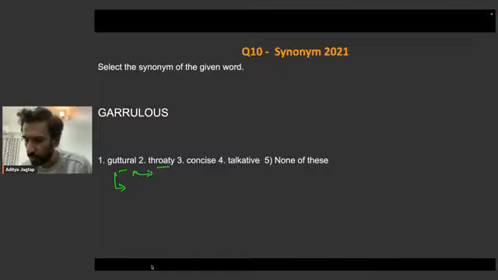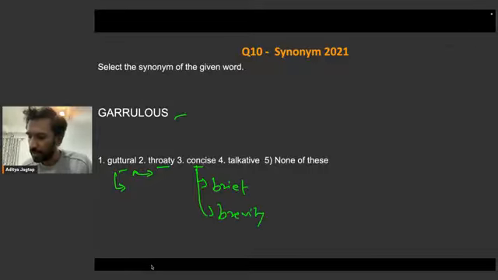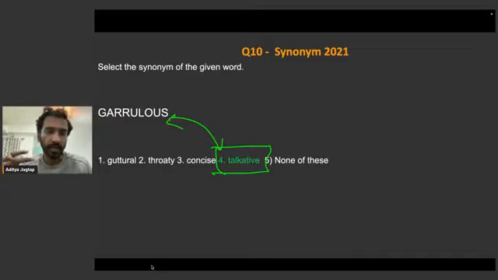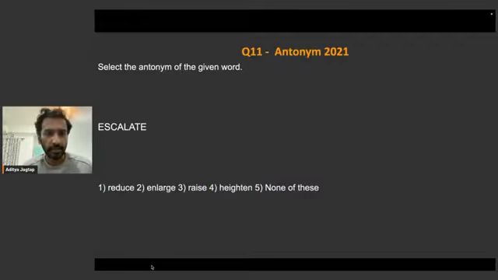Guttural and throaty could be looked at as distant synonyms. Concise is something that is brief, or brevity, which is another sort of fancy word for brief. But the right answer for garrulous would be talkative. Someone who talks too much. Again, synonyms are harder. If you don't know the meaning of a word, there's no real way to get out of it. So make sure you record these in your Excel sheet.